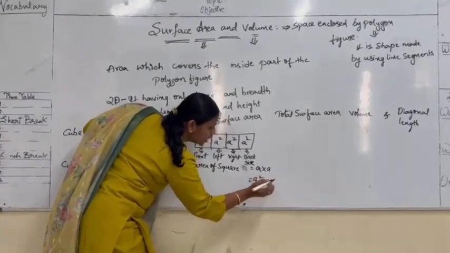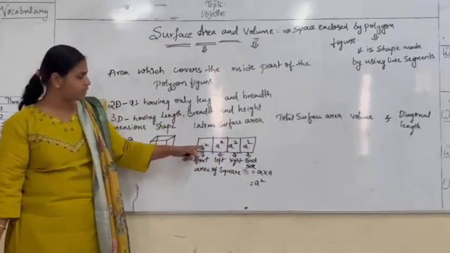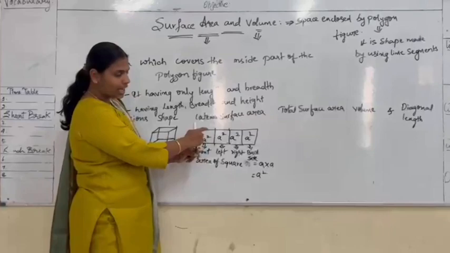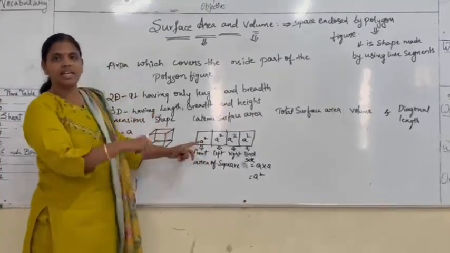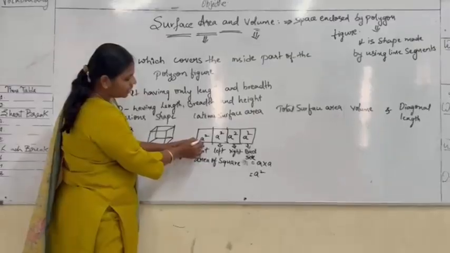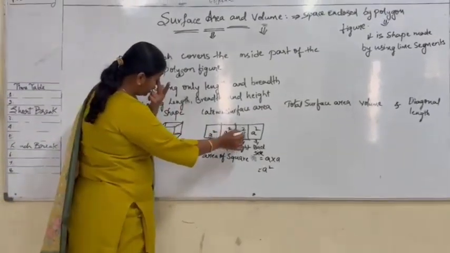Because a square has side a, and all sides are equal, so I am taking the side as a. I can take a or any other alphabet; I am going with a. A into a is a square. Here 1 a square, 2, 3, 4.